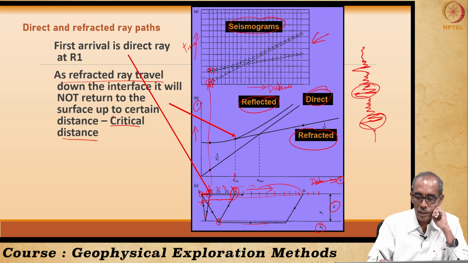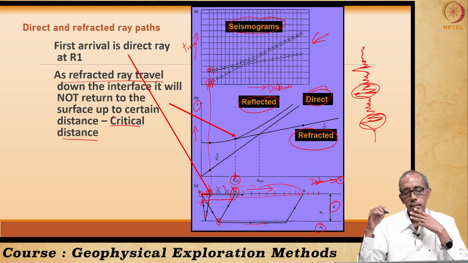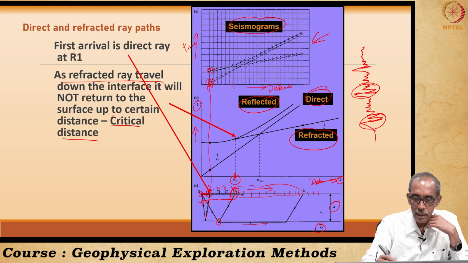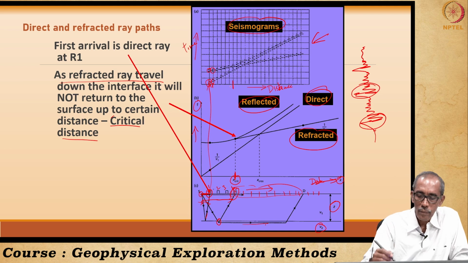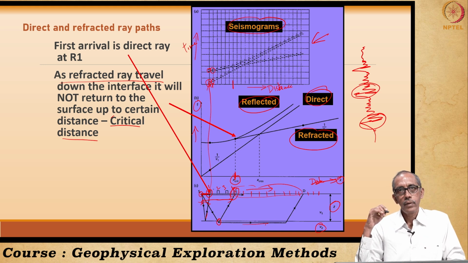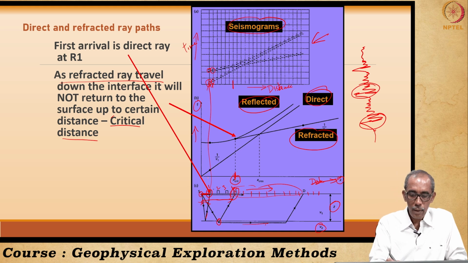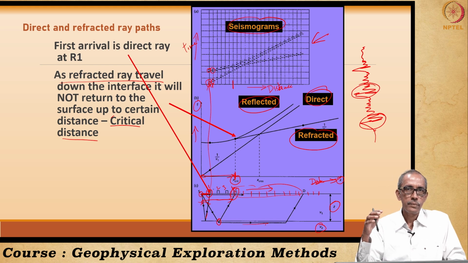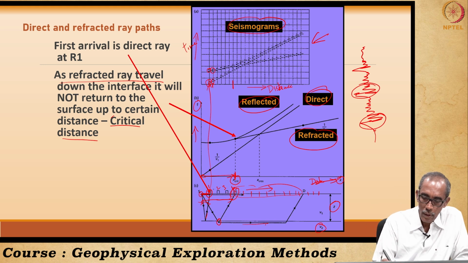Only after some distance, that distance known as the critical distance, are we able to get the refracted signals. Until then we will not have refracted signals. That means up to this distance the geophones are not receiving any refracted signals.